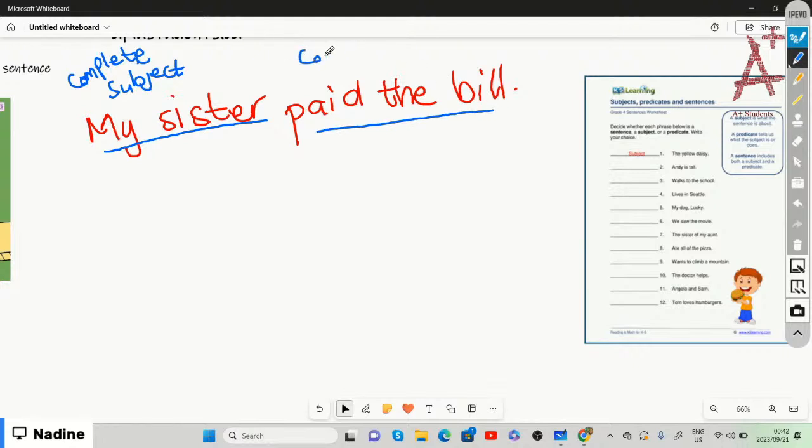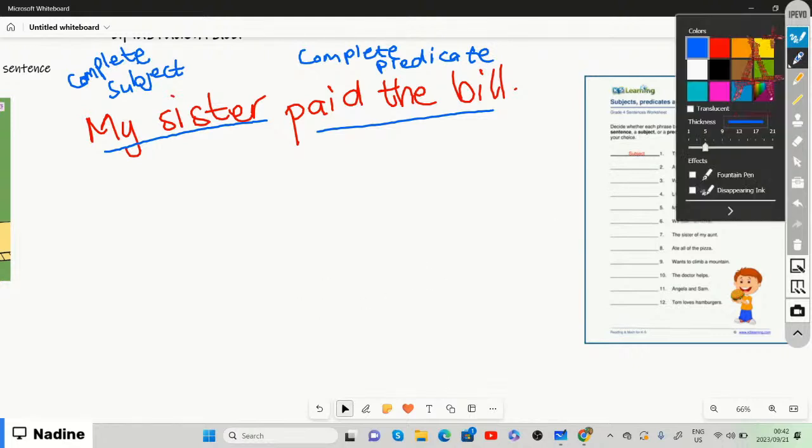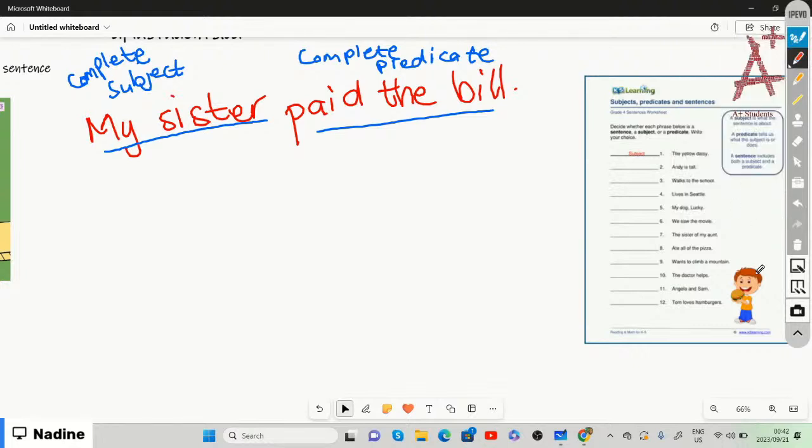And this is a complete predicate. All right.